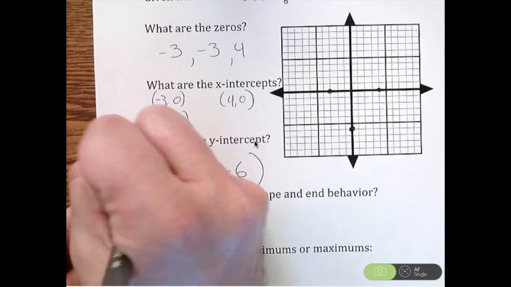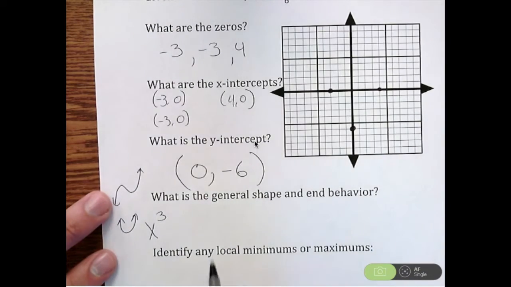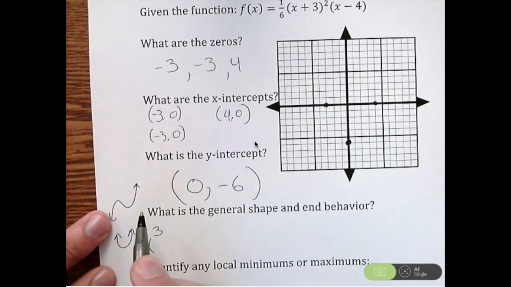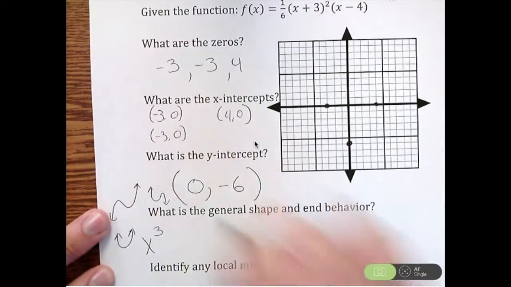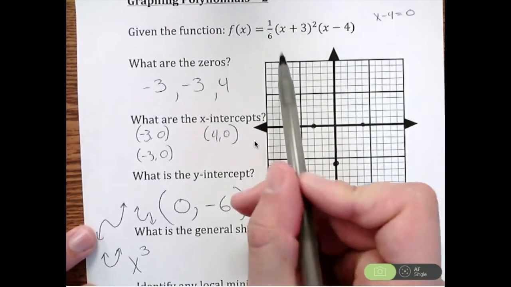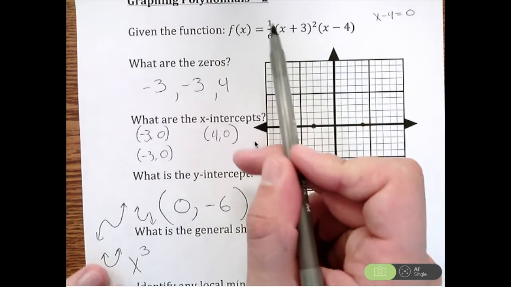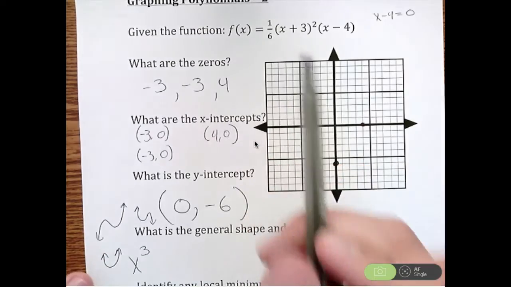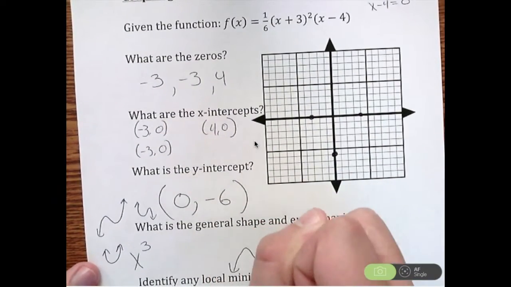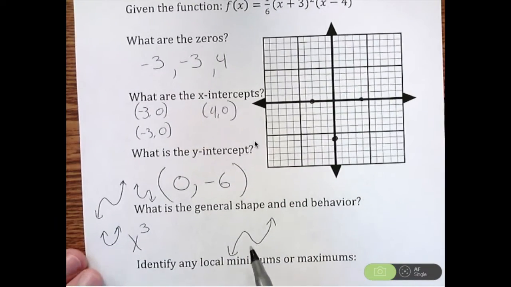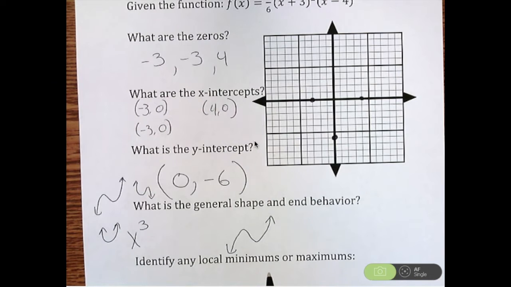If it's odd, we're going to have an S. If it's even, we're going to have a U. So I know I'm going to have an S. Now I just have to figure out, is it an S going up or an S coming down? And that is all based on your a. So think back to transformations. This leading number is positive, which means we're not going to reflect this over the x-axis, just leave it as is. So we're going to have an S shape going up, meaning we're going to start at the bottom left and end at the top right for our end behavior.